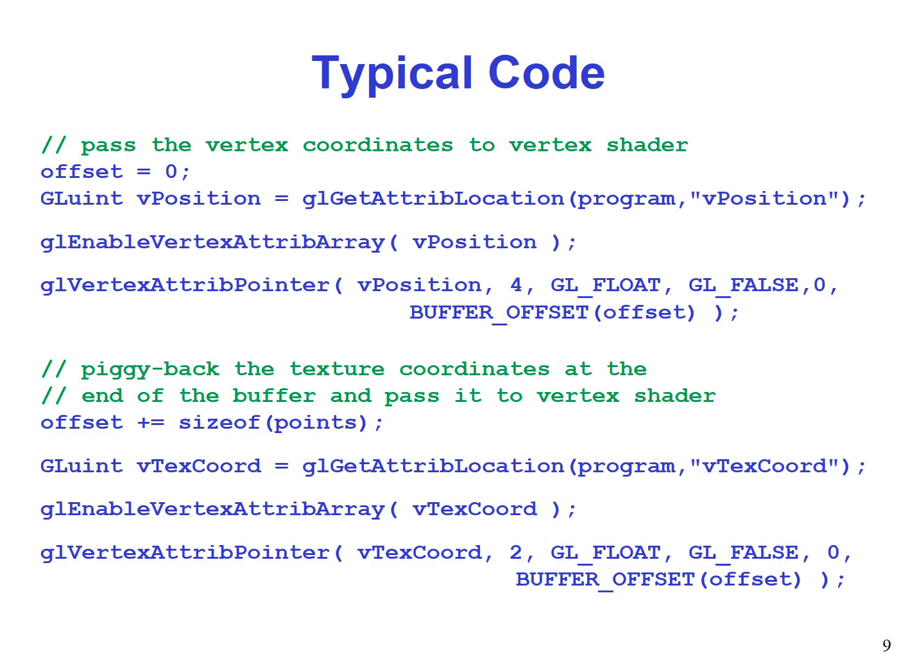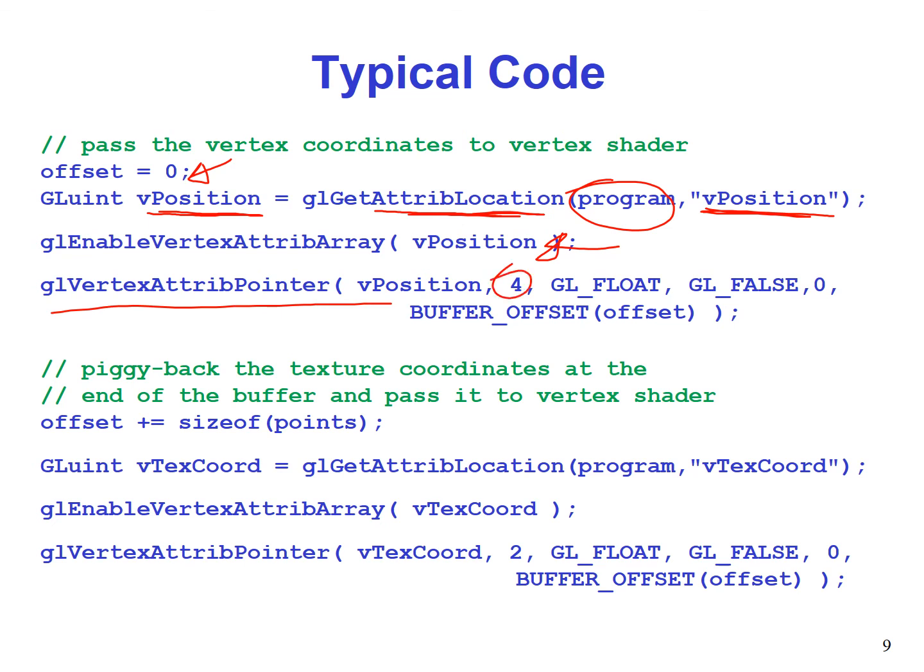Now the typical code to pass these texture coordinates to the vertex shader is given on this slide. We initialize an offset variable from 0, then we specify the vertex positions first and use the program identifier of our vertex and fragment shaders and pass them as attribute locations. This is basically passing the vertex positions.